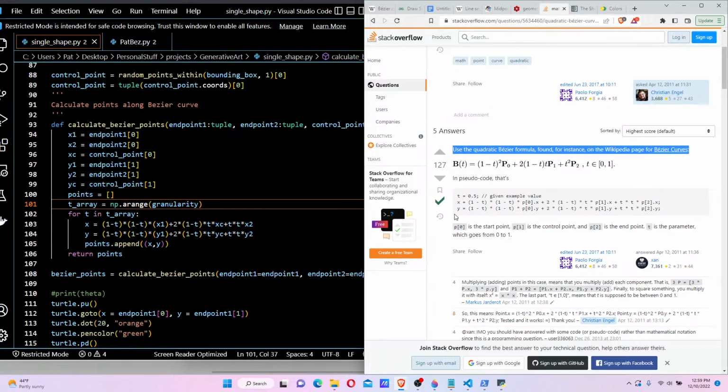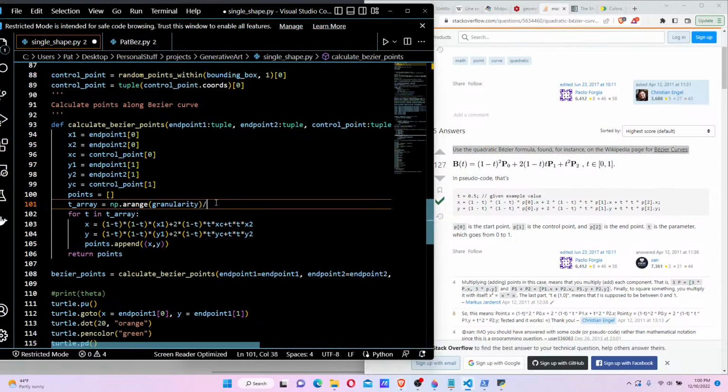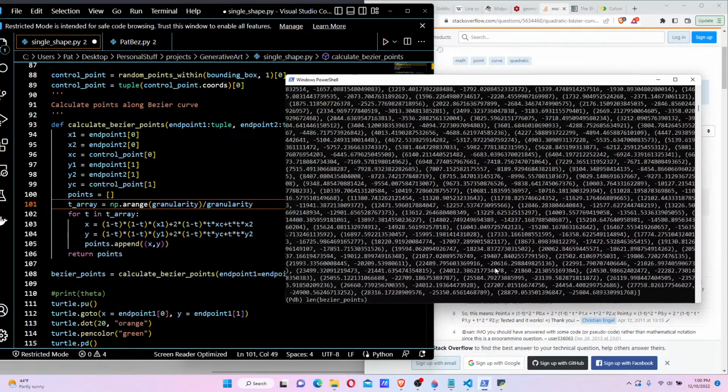P0 is the start point, P2 is control point. Oh, t goes from 0 to 1. So divide that by granularity.